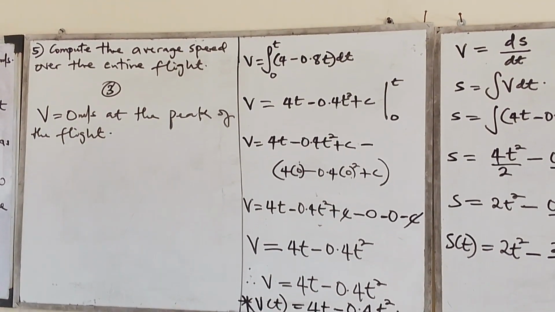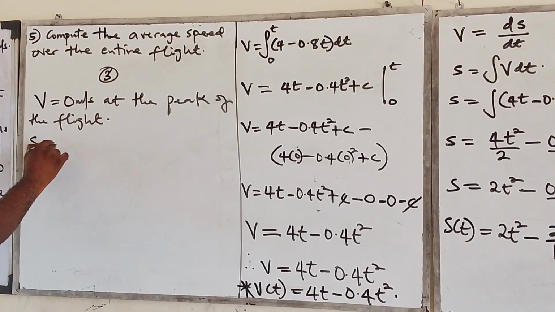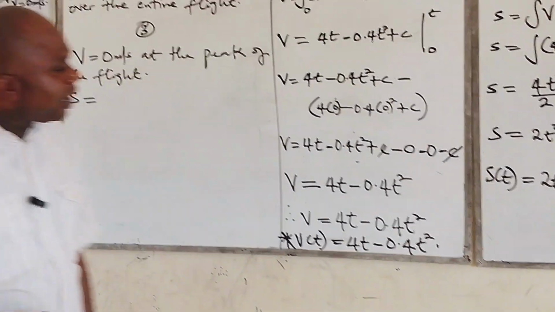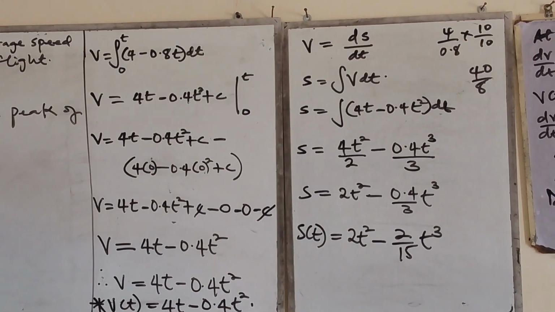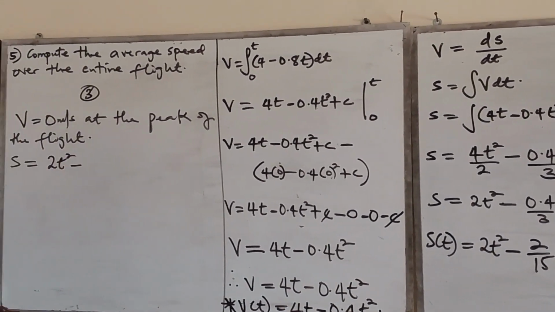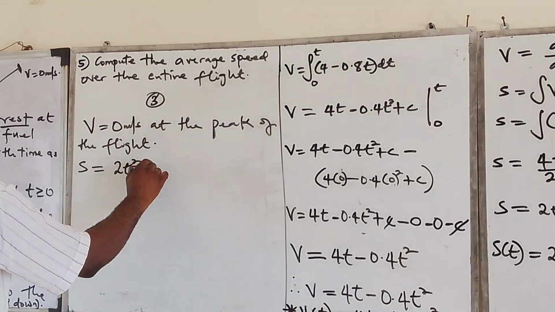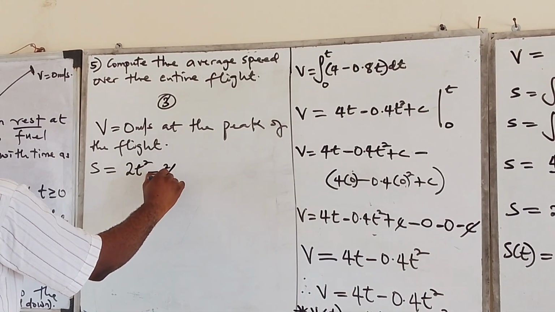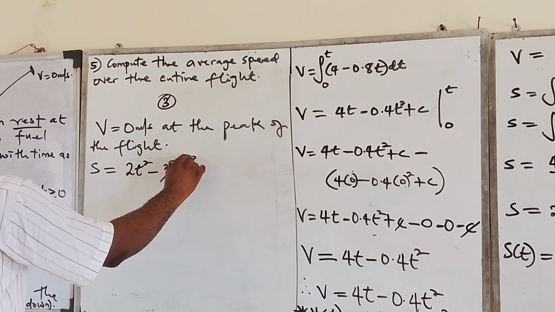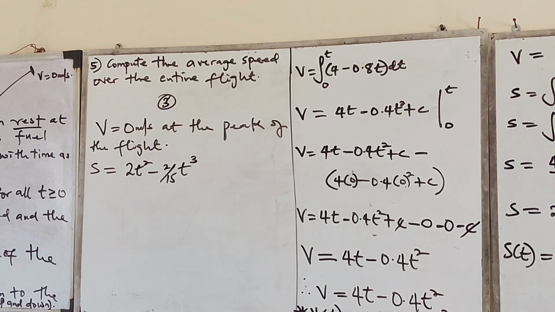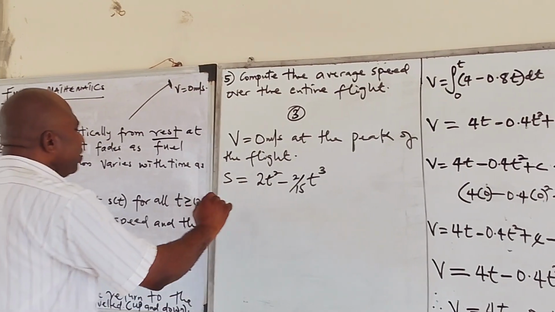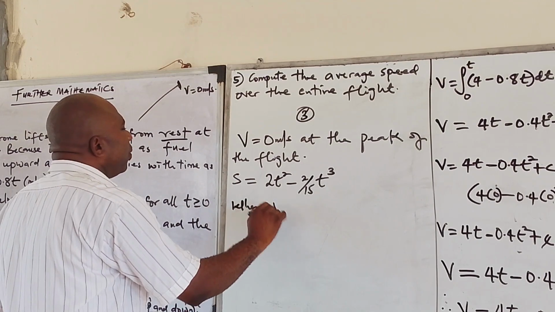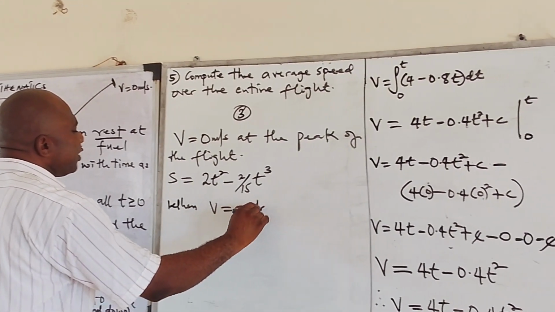And remember we said our s, that's the height of the flight, is equal to 2t squared minus 2 all over 15 t raised to the power of 3. Now let's see when v is equal to 0 meters per second.